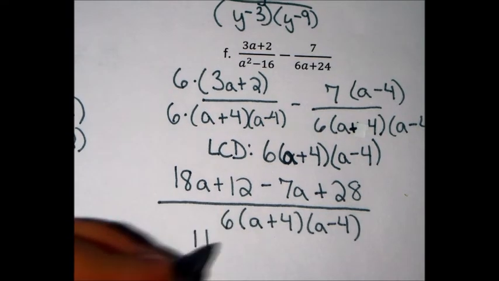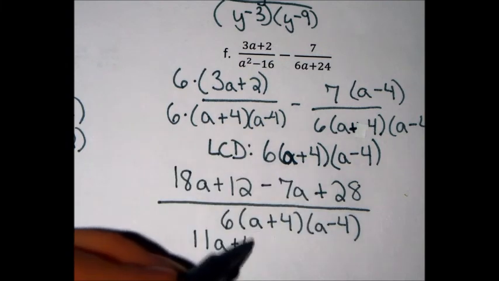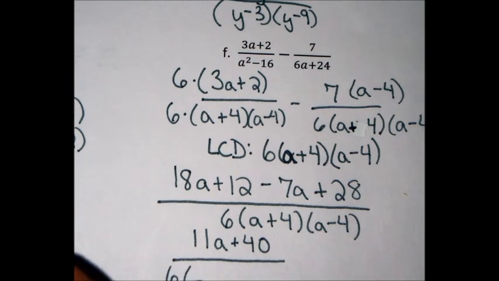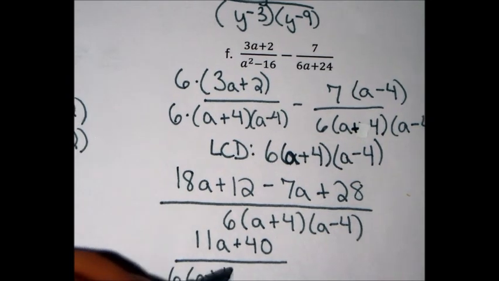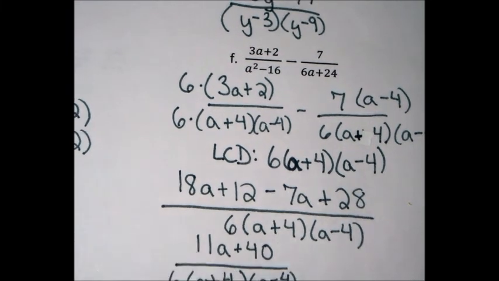So I have 18a minus 7a gives me 11a. 12 plus 28 gives me 40. That's all over 6, a plus 4 and a minus 4.